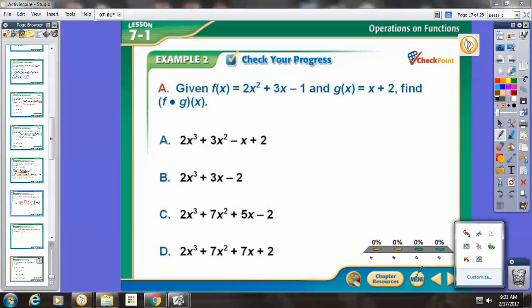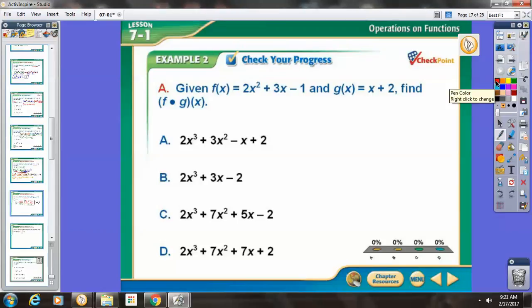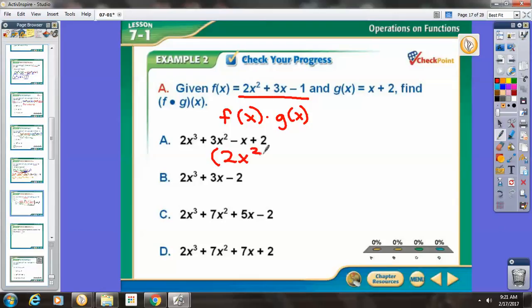So let's start with f of x. Here we're taking f of x times g of x. So my f of x function, I have 2x squared plus 3x minus 1. Taking that times the g of x function, which is here, x plus 2. We need to distribute.